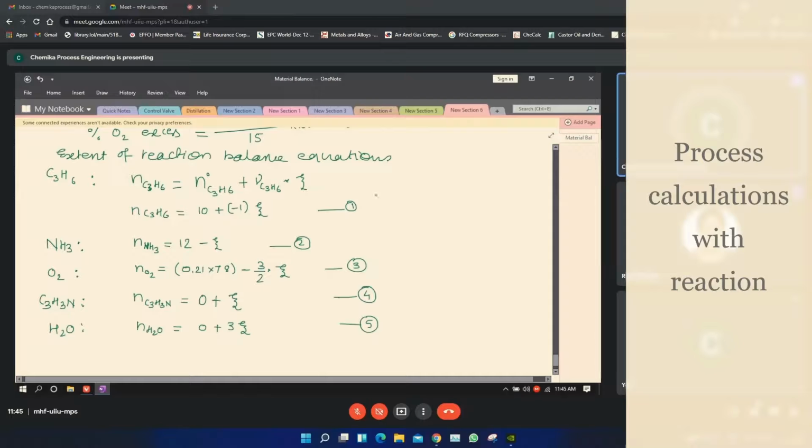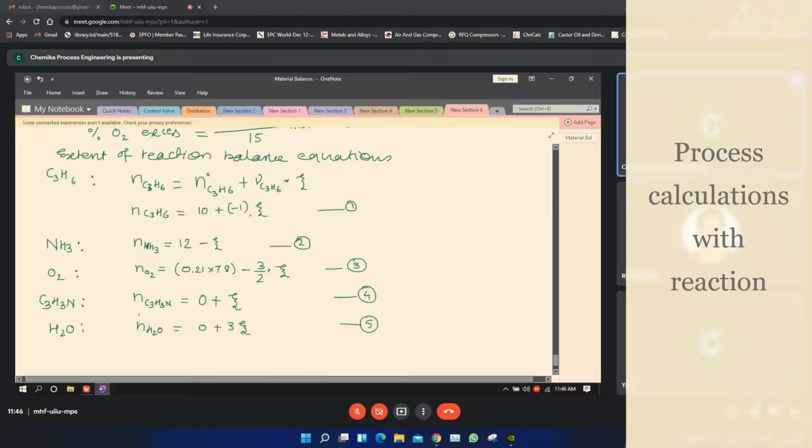but in order to solve that, because the extent of reaction is there in every equation, and we don't know the outgoing flow rates. If we come to know the zeta value, the extent of reaction, we can calculate all the unknowns, all the exiting flow rates. That is actually the beauty of using the extent of reaction.